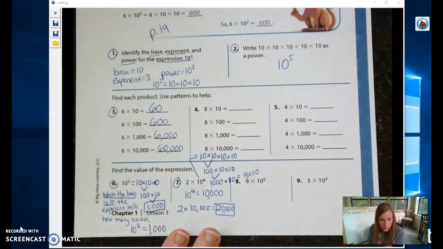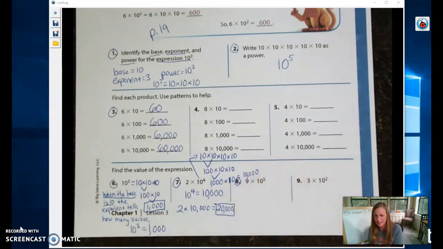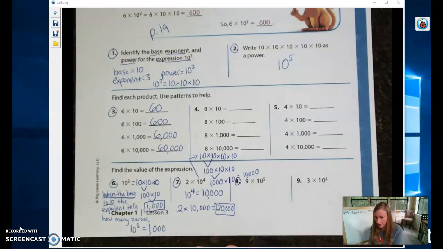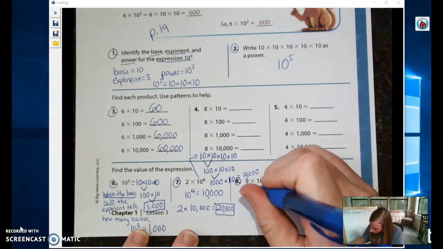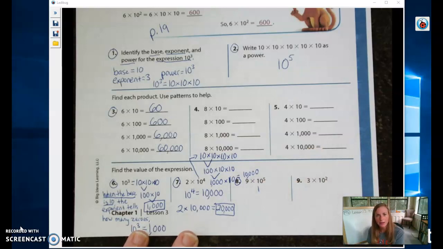All right, so we're going to do just one more question together for today. Actually maybe we'll do 2. Yeah, let's go ahead and do both 8 and 9. So we have 9 times 10 to the power of 5. Our base is 10. So we know that 10 to the power of 5 is going to be 1 followed by, that's right, 5 zeros because the exponent is 5.